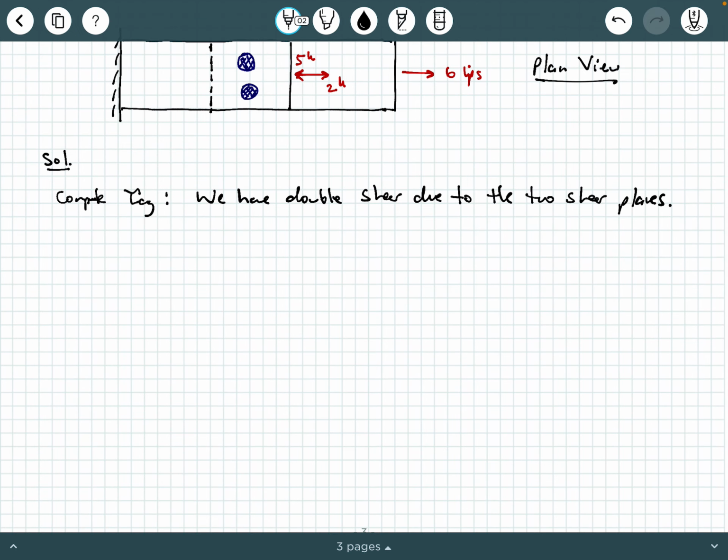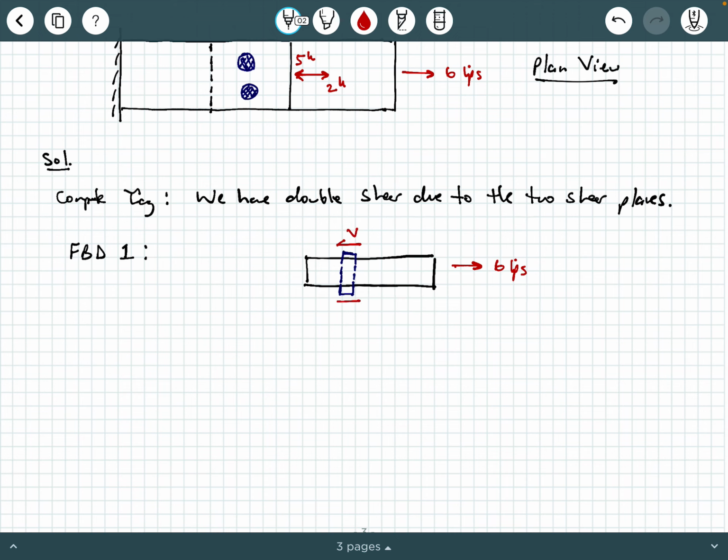So I'm going to start with a free body diagram. I'm going to call it FBD1, and I'm going to show that middle plate. So here's that middle plate, and here are the nubs of the 2 bolts, and here is that 6 kips.